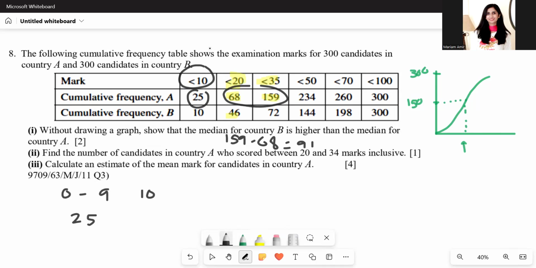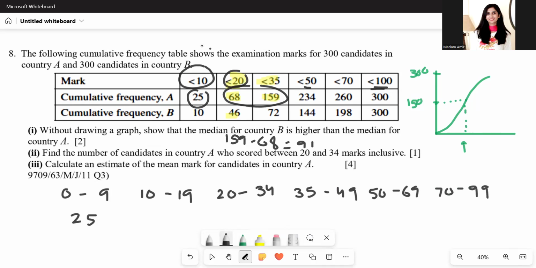Next we'll go from 10 to, it says less than 20, so 19. Then we'll go from 20 to 34, then 35 till 49, then 50 till 69, and then 70 till 99. Let's write all the frequencies underneath these ranges.